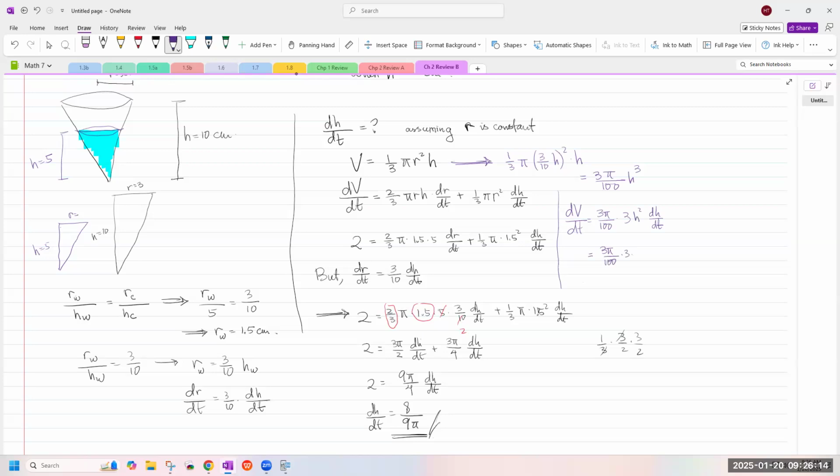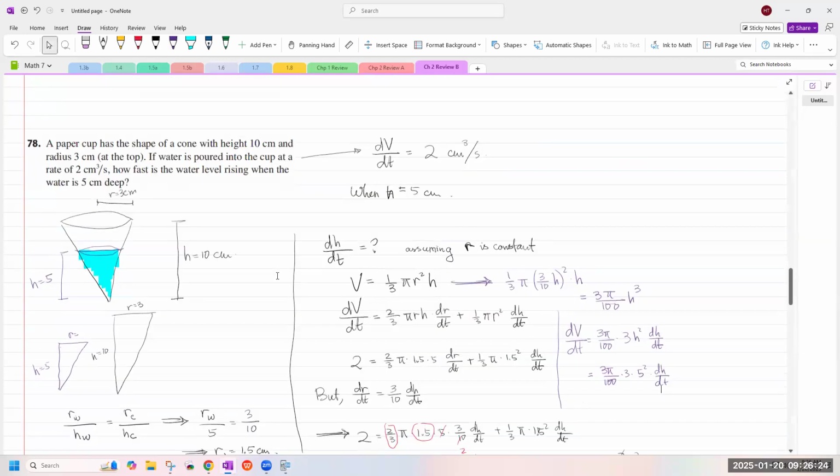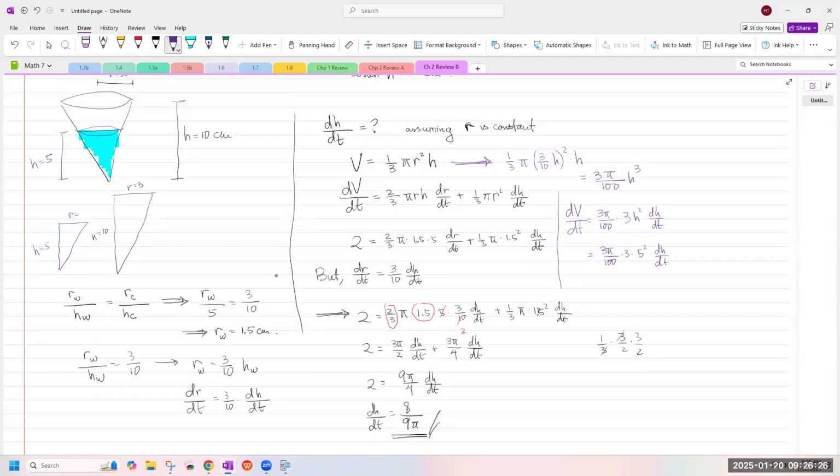The height is 5, so this is 5 squared, times dh/dt, while we know the change of the volume is 2, as I remember earlier. Yeah, it's 2. So it's 25, 9, 4. So this is 9π over 4 dh/dt equals 2. So dh/dt equals this.